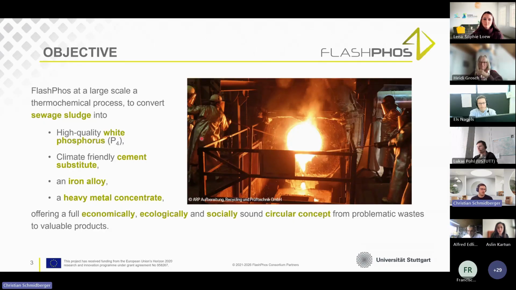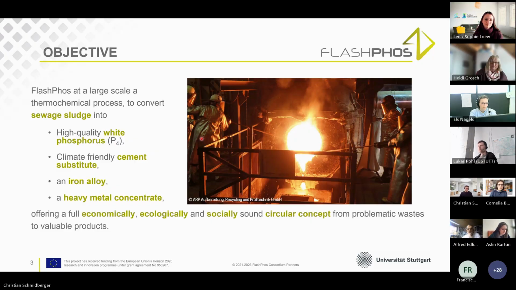So the objectives of FlashPhos are to recover the usable components and ingredients of sewage sludge, recover the phosphorus in the form of white phosphorus, produce a climate-friendly cement substitute, an iron alloy, and to concentrate the heavy metals in a dedicated stream.